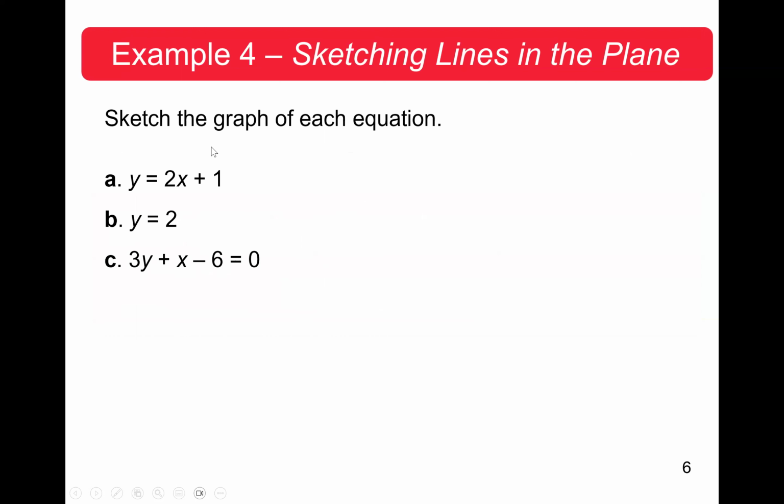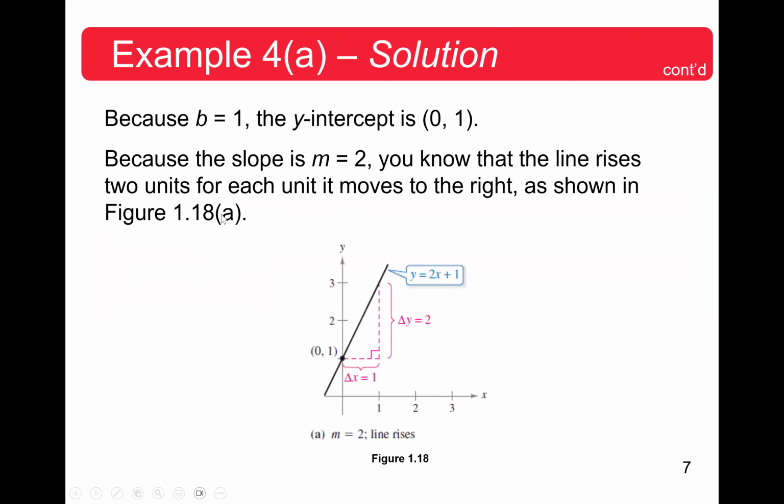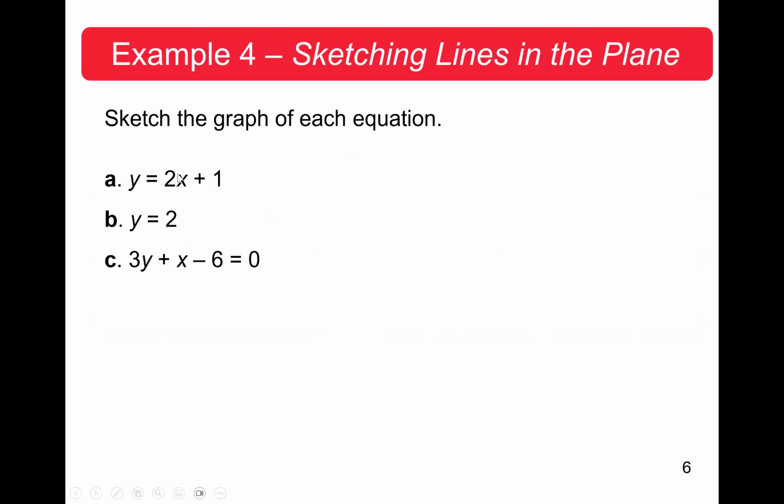Here we should sketch the graph of each equation. First, y equal to 2x plus 1. Second, y equal to 2. And third, 3y plus x minus 6 equal to 0. The first equation is very straightforward since we already have the slope-intercept form. The slope is 2 and the y-intercept is 1.